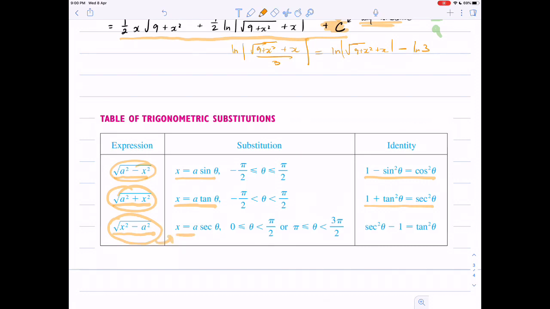Here you will substitute x is a secant theta, and you will be leading yourself towards this version of the identity. And after you do all of those substitutions, you will have transformed your integral into a trigonometric integral, which is something you already know how to do.